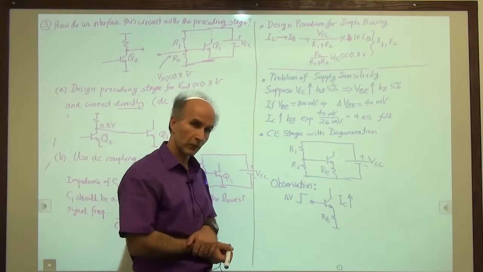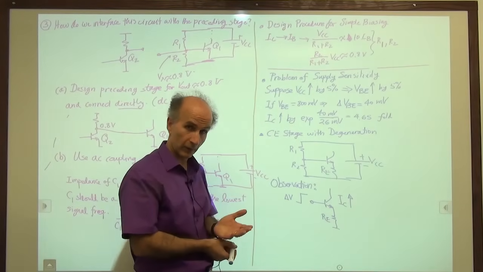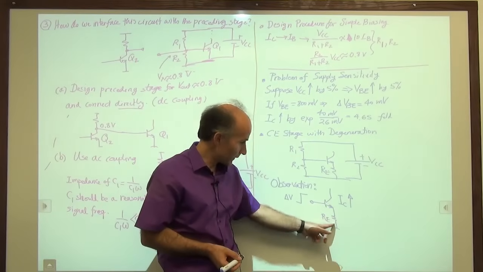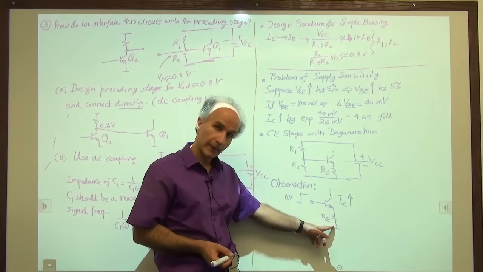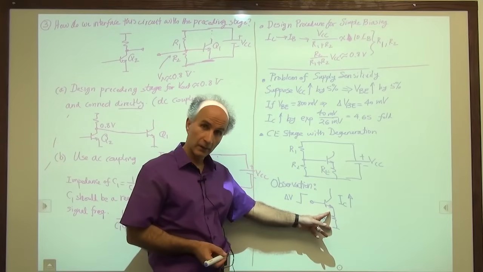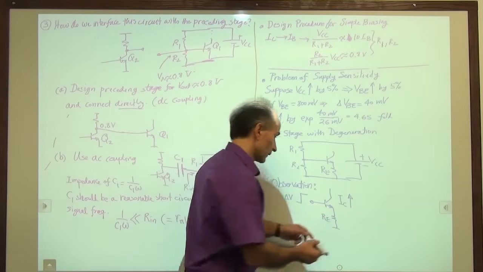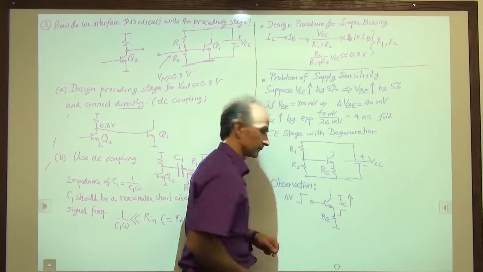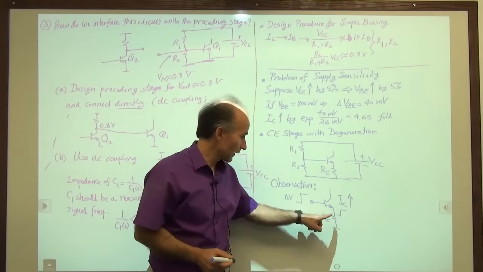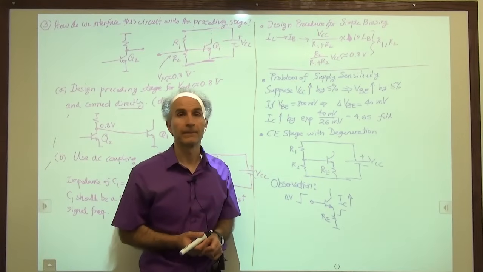If IC increases, the emitter current also increases. They're approximately equal. So the current through this resistor increases. If the current through the resistor increases, what happens to the voltage on it? The voltage must increase. So this point has to go up. So that contradicts our assumption that this voltage is constant.